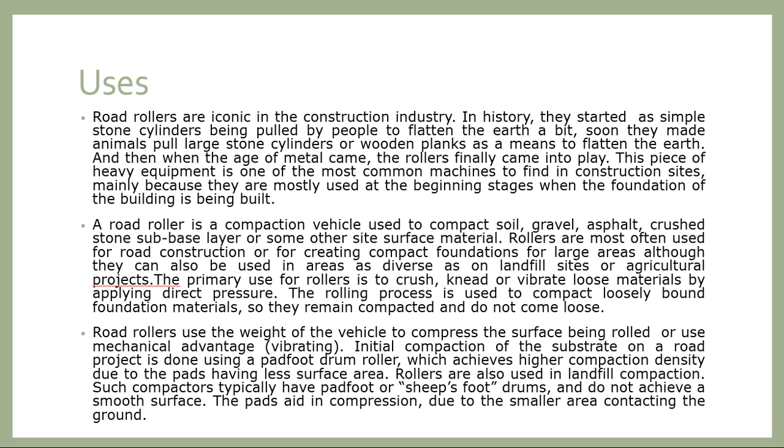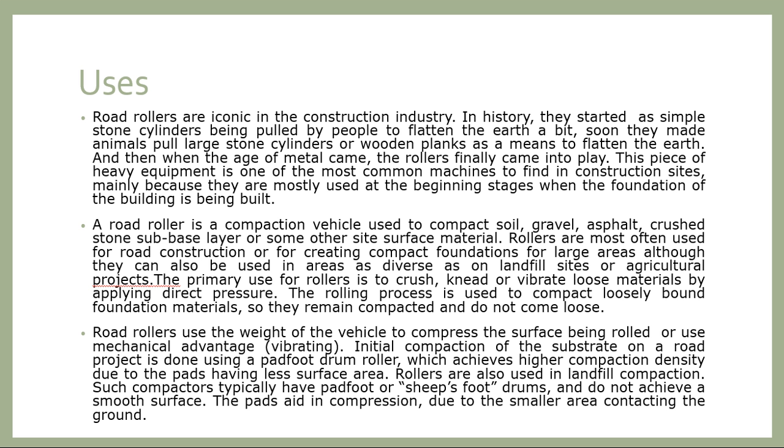Now coming to the applications or uses. Road rollers are iconic in the construction industry. According to history, they started as simple stone rollers pulled by people to flatten the earth a bit, and soon animals were made to pull large stone cylinders or wooden planks as a means to flatten the earth.